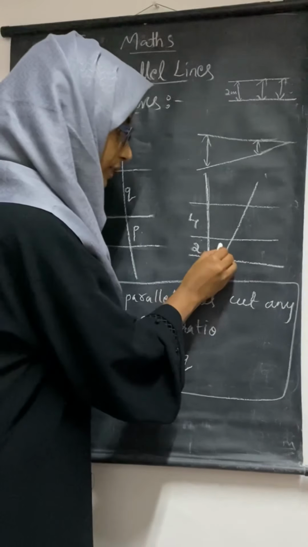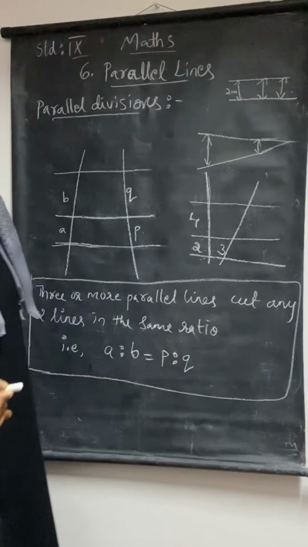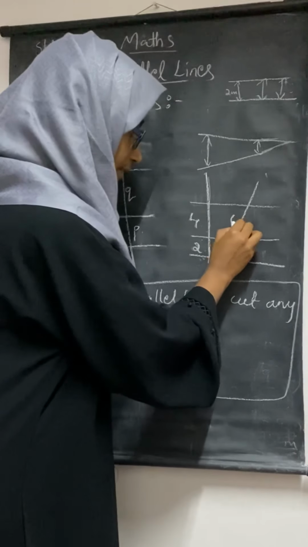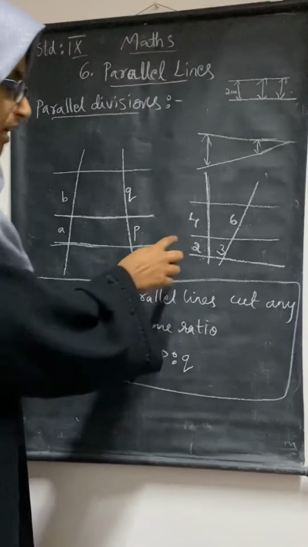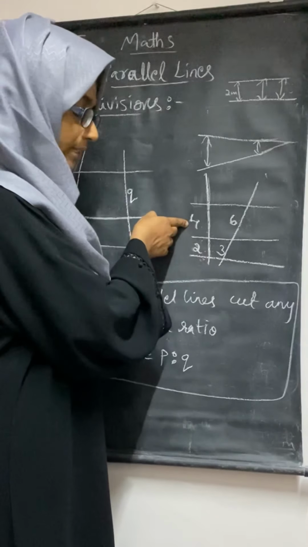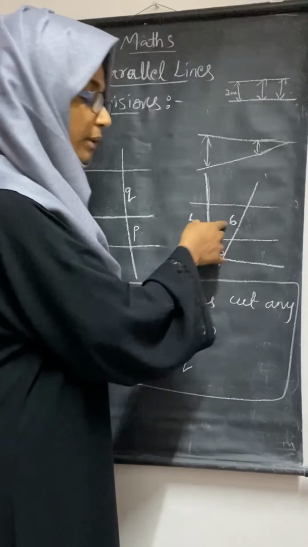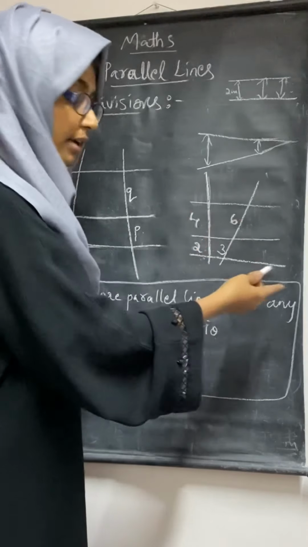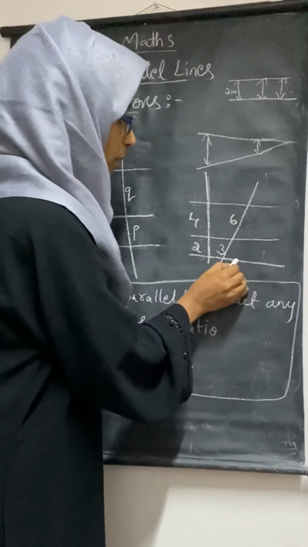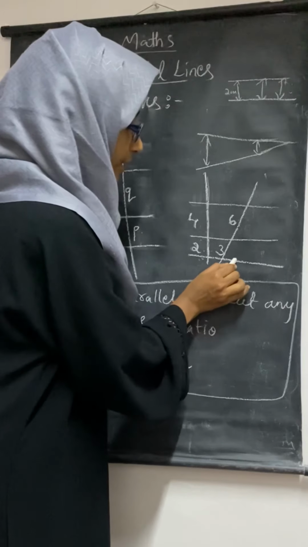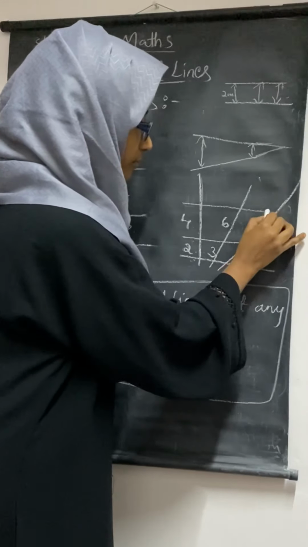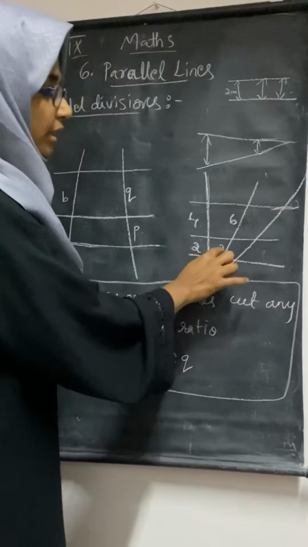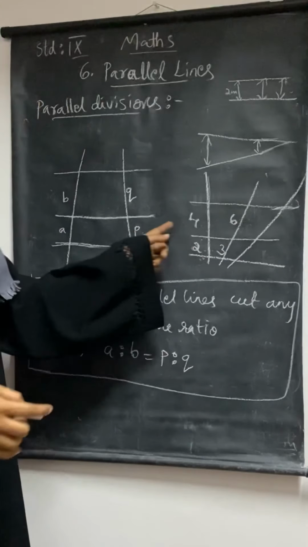For example, if it is 3 here, this will be 6, because it is the 1:2 ratio. Now I am going to draw another slanted long line like this. Here also, this will not be 3 and 6, and this will not be 2 and 4.